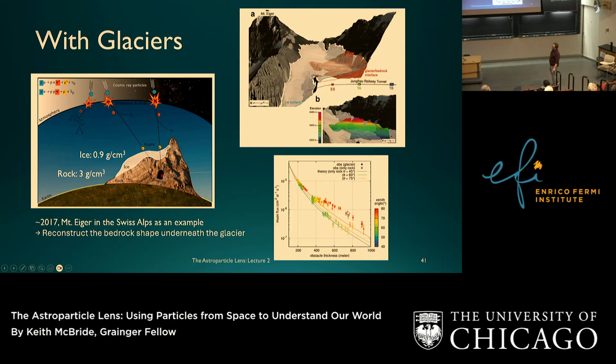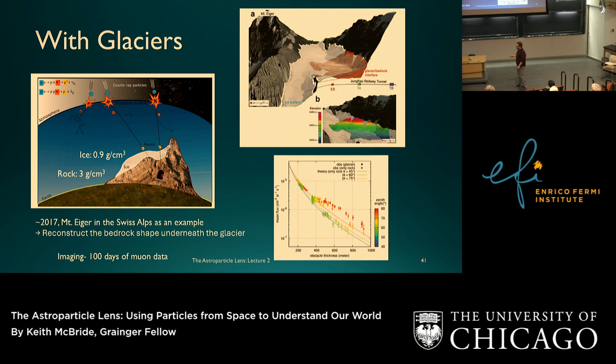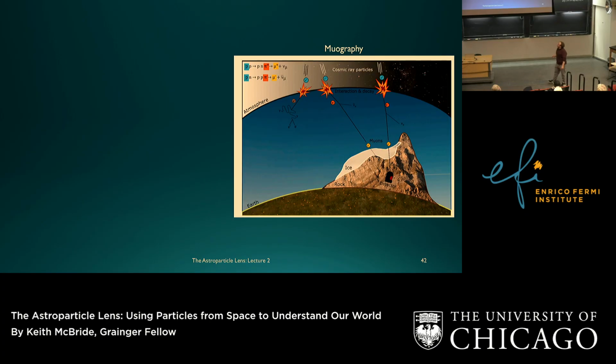There's more material there, or there's less material there, because we observed a higher muon flux in that region. And this imaging took 100 days. So there's 100 days of muon data taking to make this kind of map of the glacier and the bedrock.